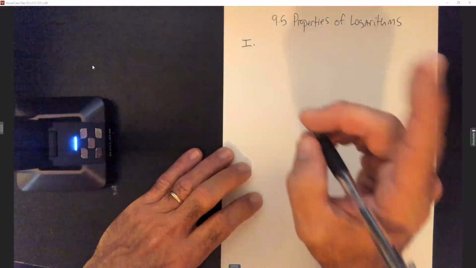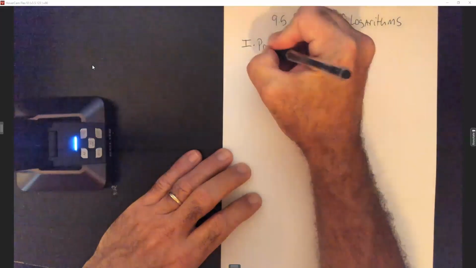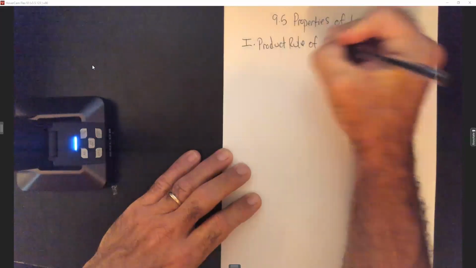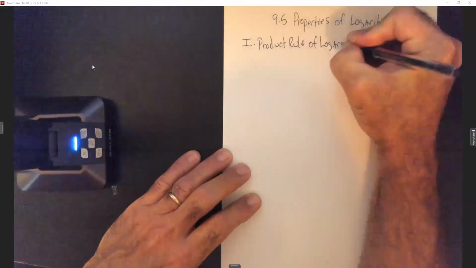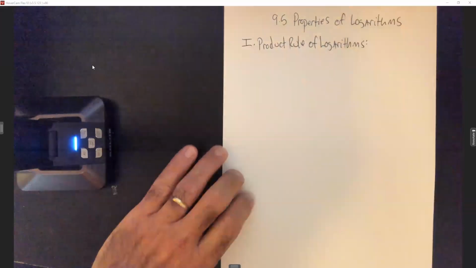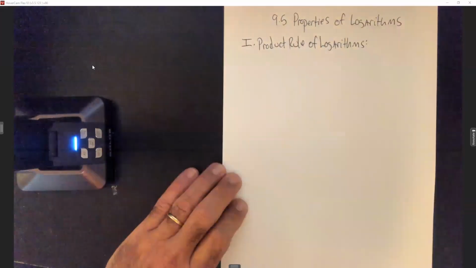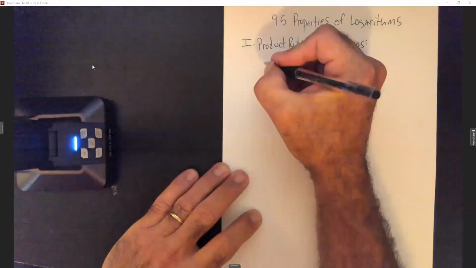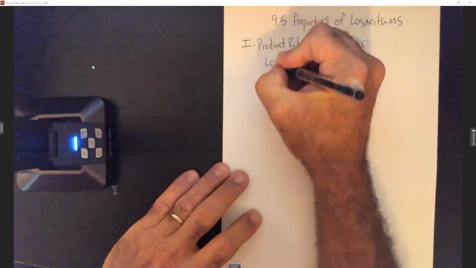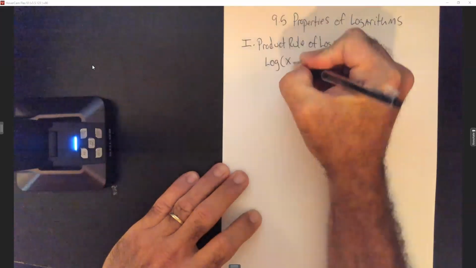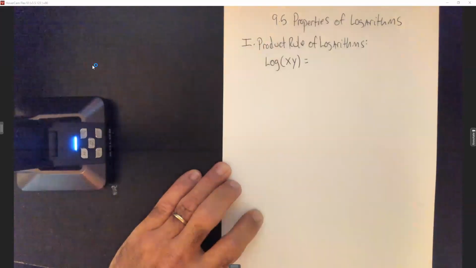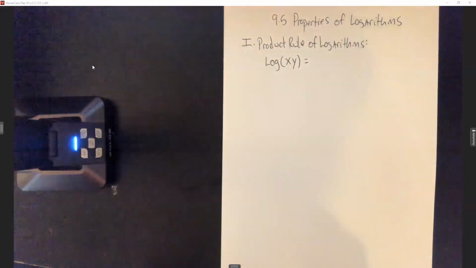So the first property is what we call the product rule of logarithms. The product rule tells me that if I'm taking the log of a product, the log of x times y, well, when you multiplied the variables, you added the exponents.